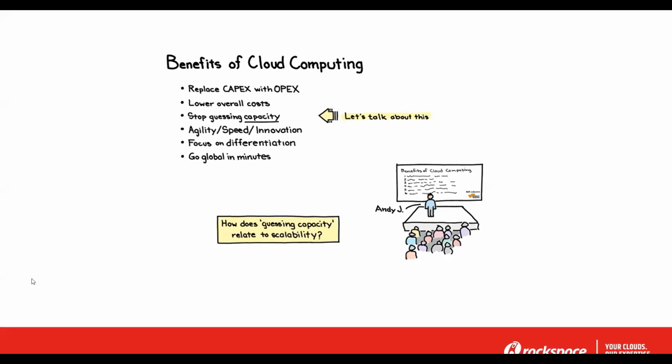The final benefit is the ability to just go global in minutes. So once you move to AWS and you've got your application running in the Oregon region, you can literally be up and running globally in a matter of minutes, moving it to a region in Ireland or in Australia, wherever you'd like to be. It's that quick. So what we're going to talk about today is this third bullet item here, stop guessing capacity, and really how that relates to scalability.